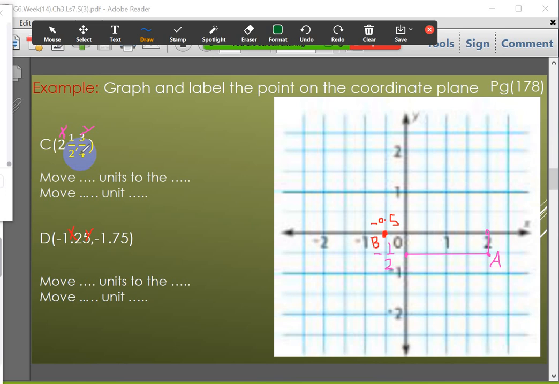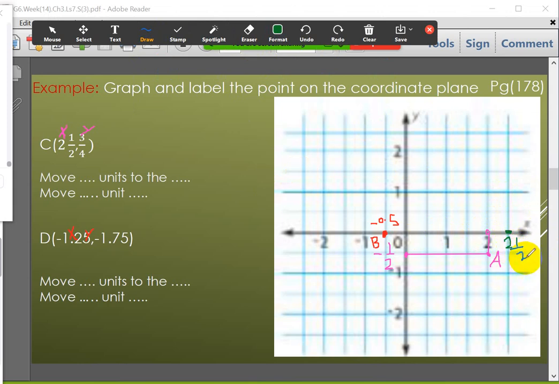First thing, this coordinate is the x-coordinate, that means on the x-axis. It's positive, that means on the right side. 2 and 1 over 2, that means a mixed number between 2 and 3. After 2, I have to take a half. That means this one, that's 1 over 2. This is 2 and this is 2 and 1 over 2.